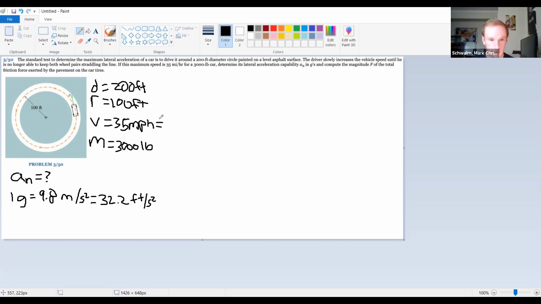We'll just use the unit conversion right now, get it out of the way. We are going to have to multiply that by 1 hour over 3,600 seconds. And then also miles to feet is 5280 feet per mile.